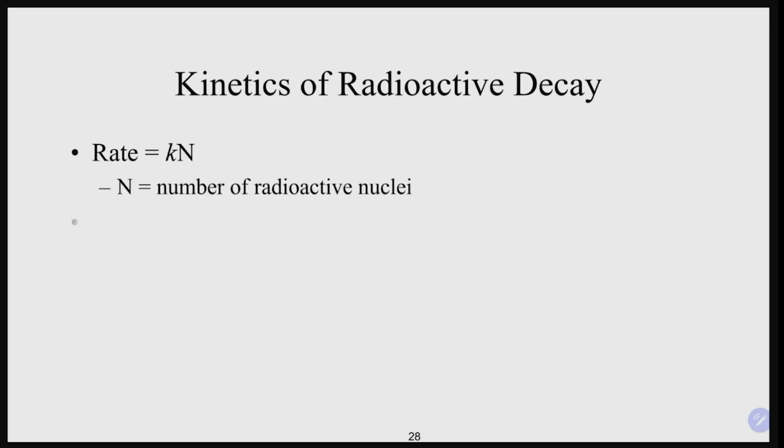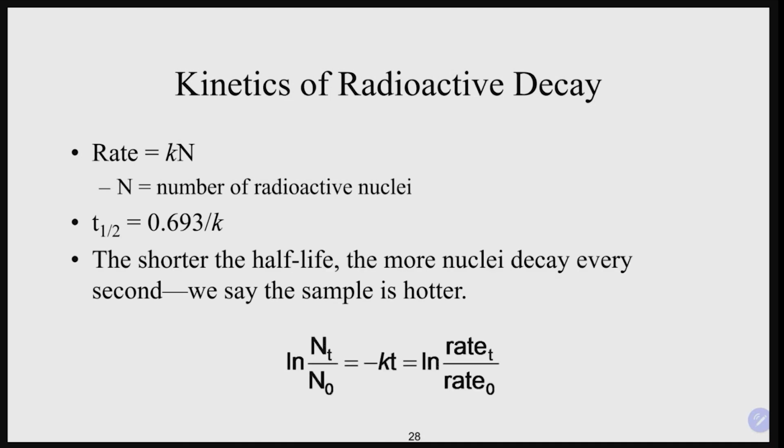So let's talk a little bit about kinetics and radioactivity. All radioactive decay follows first order kinetics. And kinetics is how fast or slow a reaction takes place. The good news is it really is the same kinetics that you learned in the kinetics chapter.